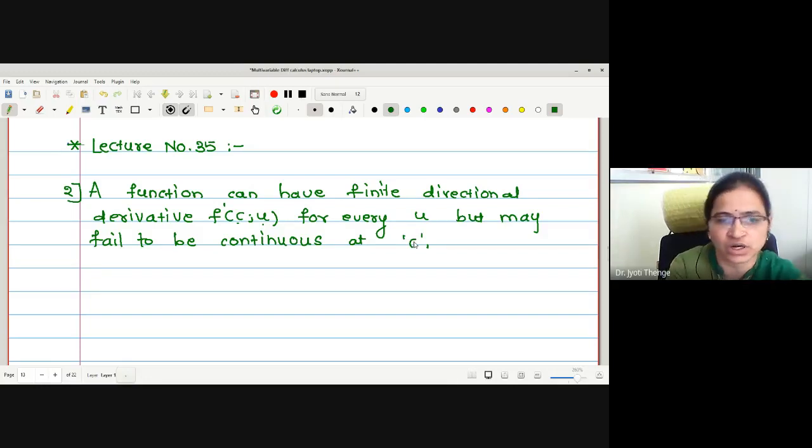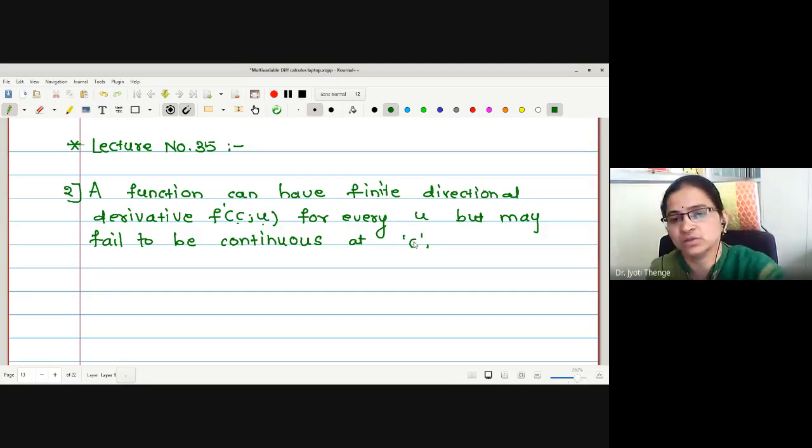It is not assured that, though the directional derivative exists, continuity is observed. It is not guaranteed. For this, let us take one example to show that though the directional derivative exists, the function is not continuous.